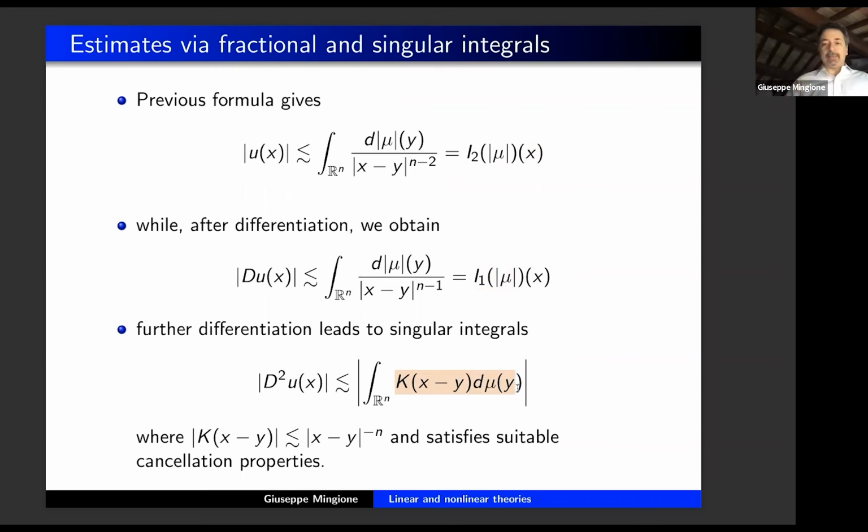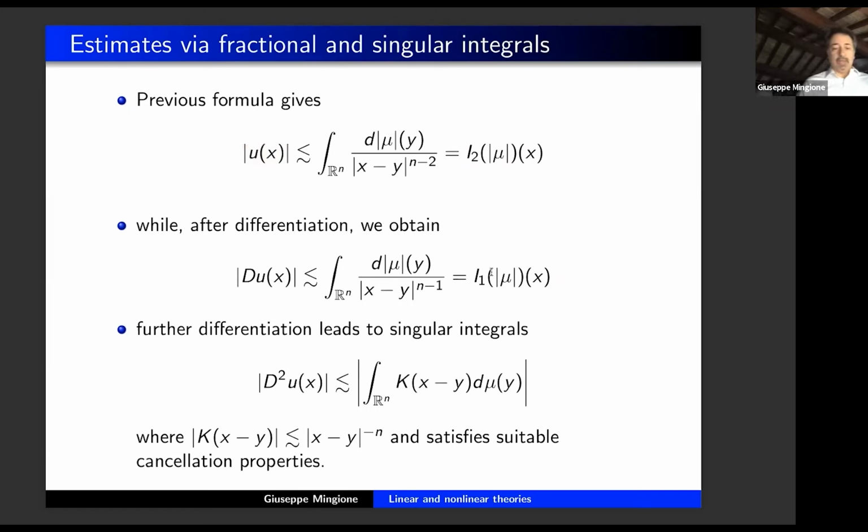But the main essence is that once you have this representation formula, then you know everything, in the sense that, for instance, if you want to know when u is in a certain L^p space or any rearrangement invariant function space, then you just forget about the equation and go to the operator, and the mapping properties of such operators are well known. So the idea is that you disconnect yourself from the equation and you go to the operator.